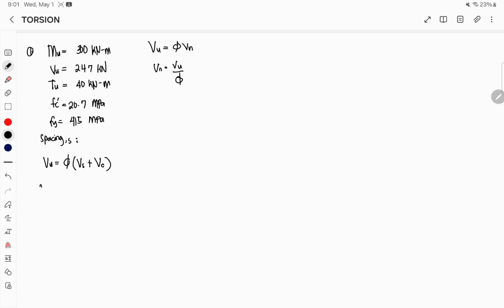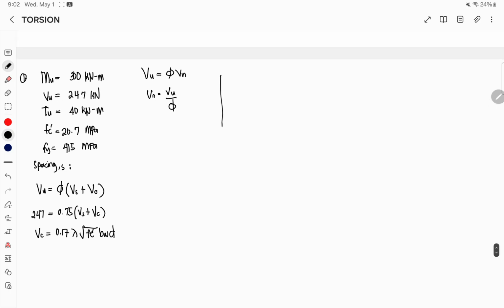We have Vu of 247, and phi is 0.75 for shear, but we don't have Vs and Vc. We know the formula for Vc, the shear provided by the concrete, which is equal to 0.17 lambda square root of f'c bw d.